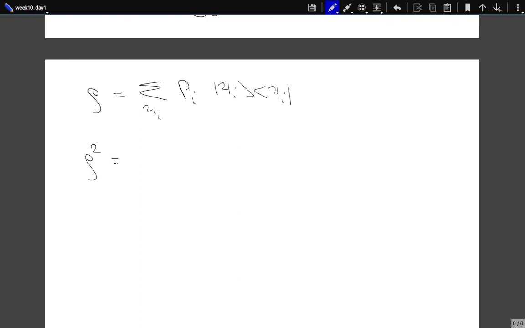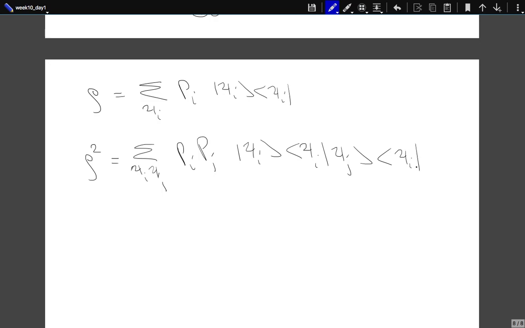Well, rho squared will be the sum over i, j of pi pj |psi i><psi i|psi j><psi j|.